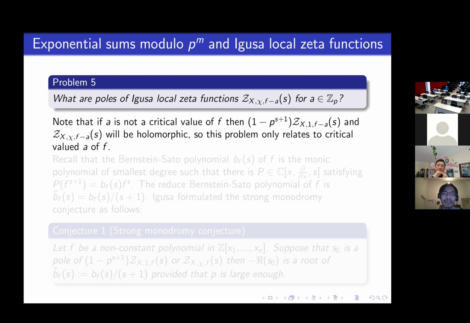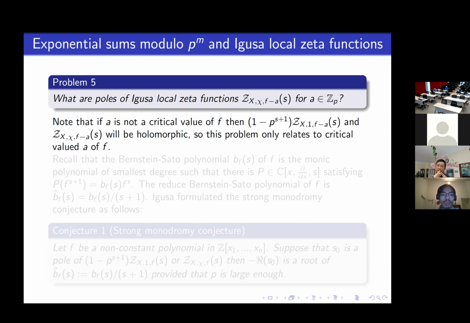We remark that if a is not a critical value of f, then the function 1 minus p to the power s plus 1 times the zeta function associated with chi equal to 1 and f minus a, and the zeta function associated with arbitrary chi different from 1 and f minus a, will be holomorphic. So the problem only relates to a such that a is a critical value of f.